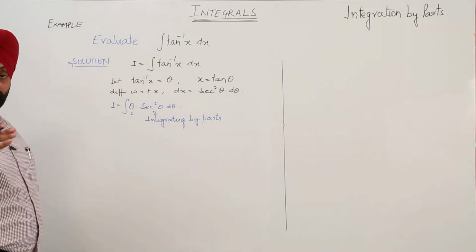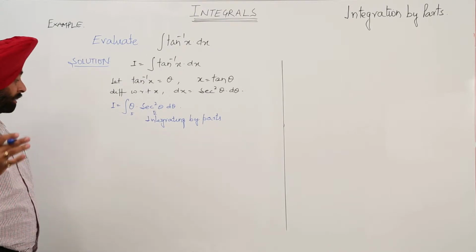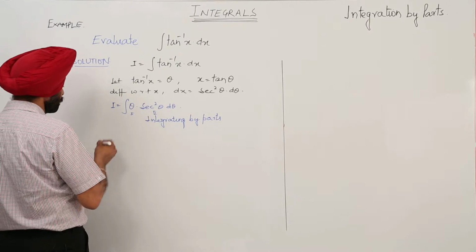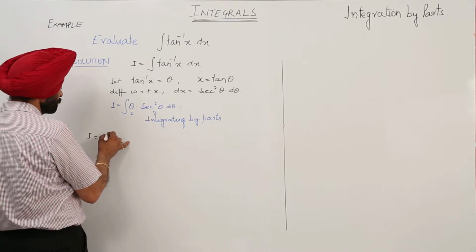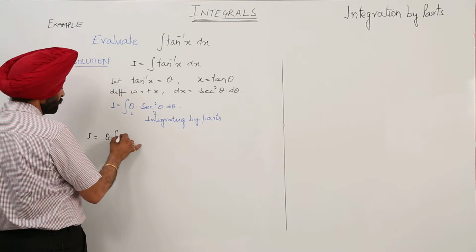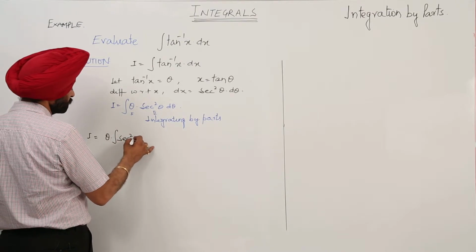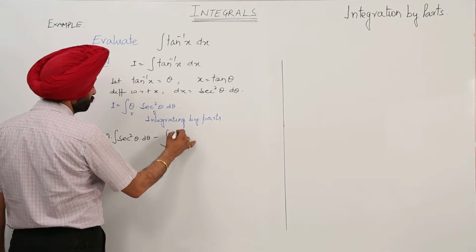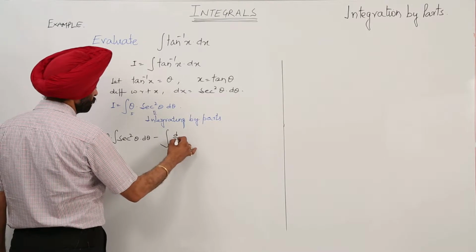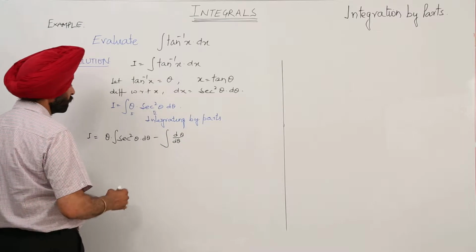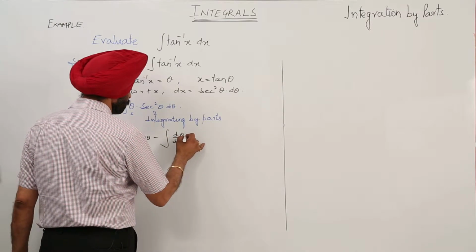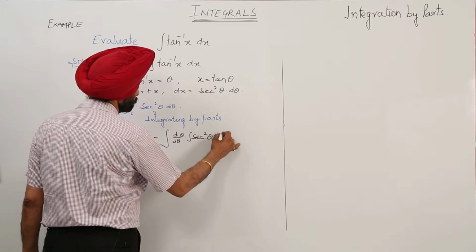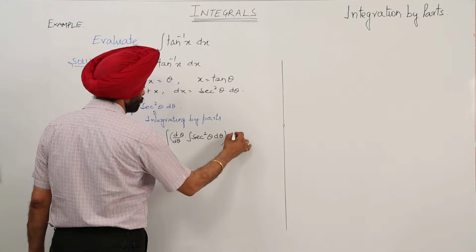I L A T E or L I A T E. Okay. So now we are having first function as it is, integration of second function, minus integration of derivative of first times integration of second, of secant square theta d theta.